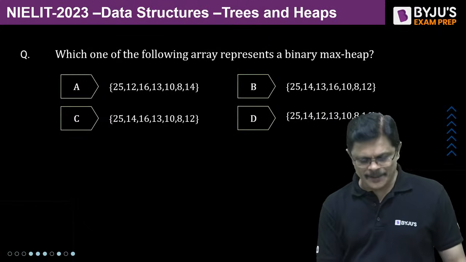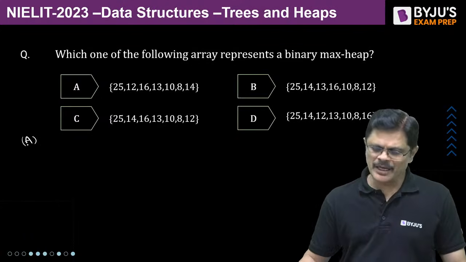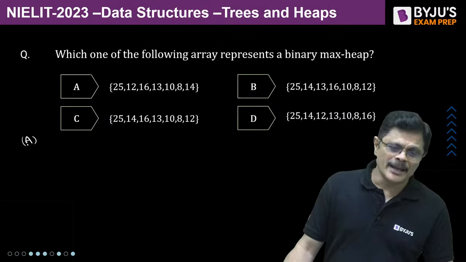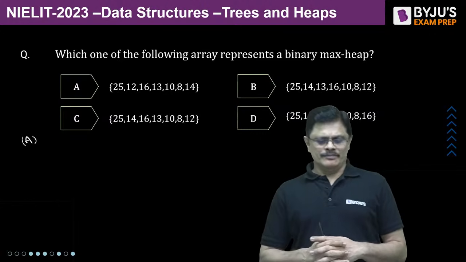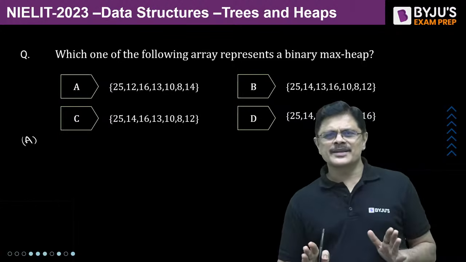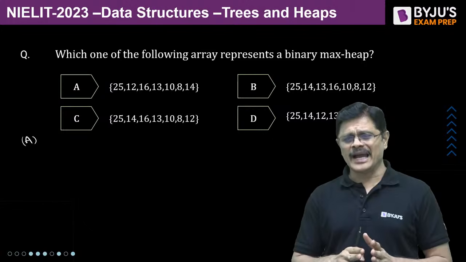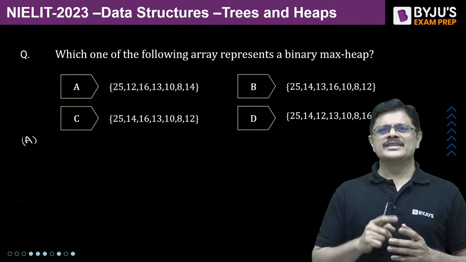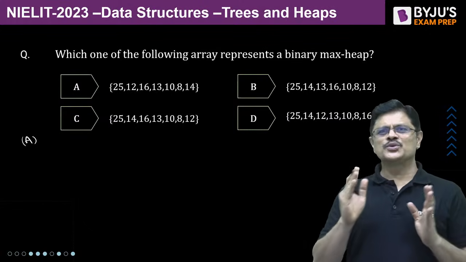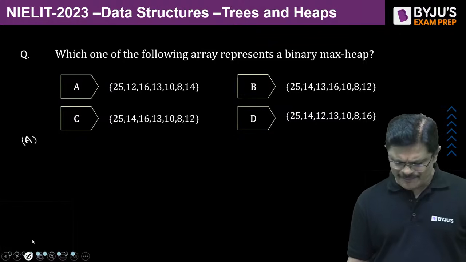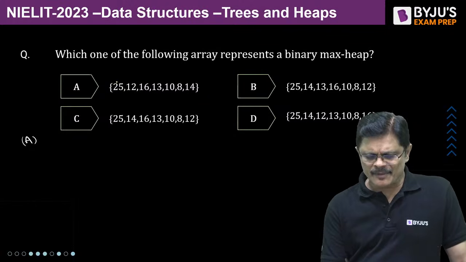You have to tell me which of the following is a binary max heap. See, the logic is very simple, sir. Of course, from the array itself you can say. See, array indices 1, 2 like that. You start from here. This is the left node and this is the right node.